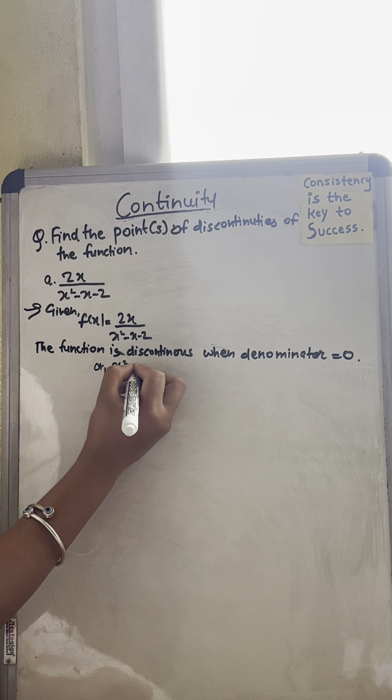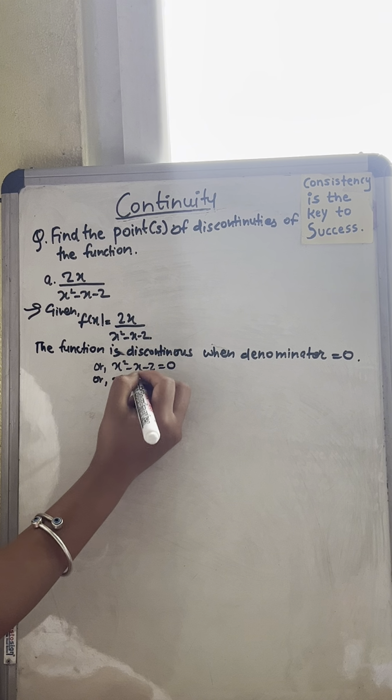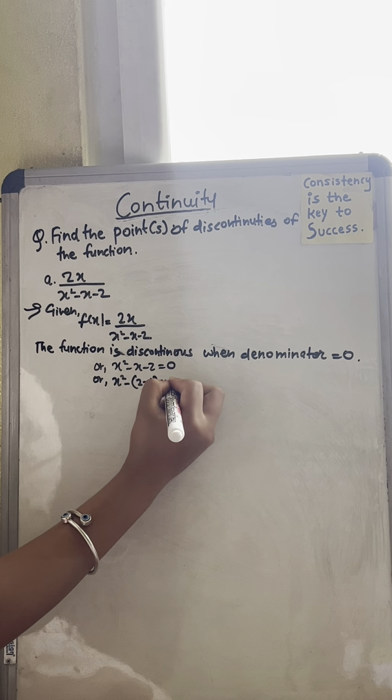Now let's solve the denominator, which is x square minus x minus 2. Now we have to factorize it and solve the problem.